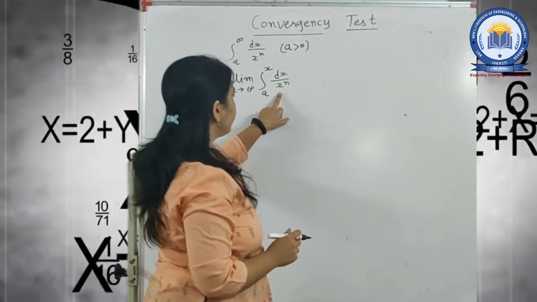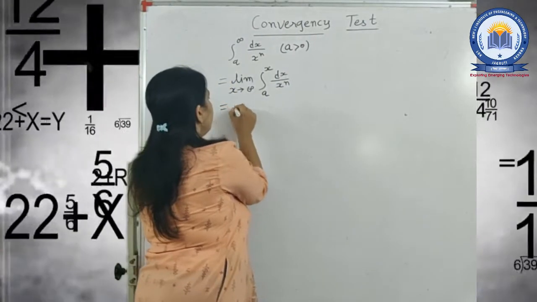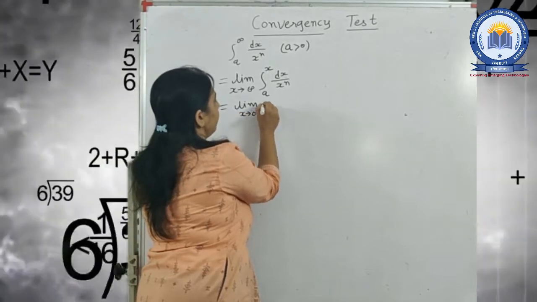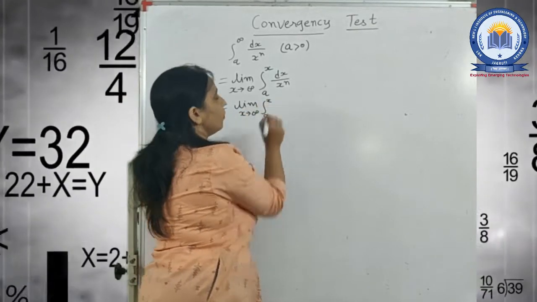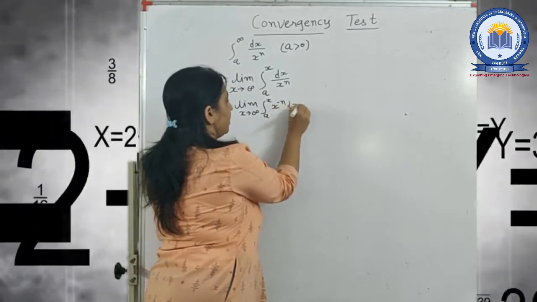So x raised to n in the denominator can be written as x raised to minus n, so the limit as x tends to infinity of the integration from a to x of x raised to minus n dx.